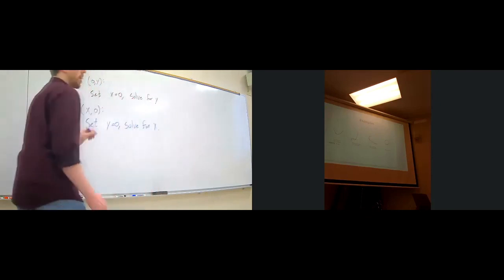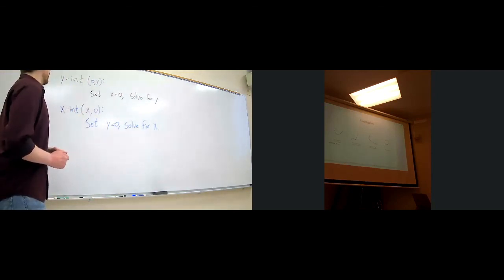An X-intercept is going to have the values X comma 0. So this gives us some insight into why we're setting Y or X equal to 0 and solving for the other.